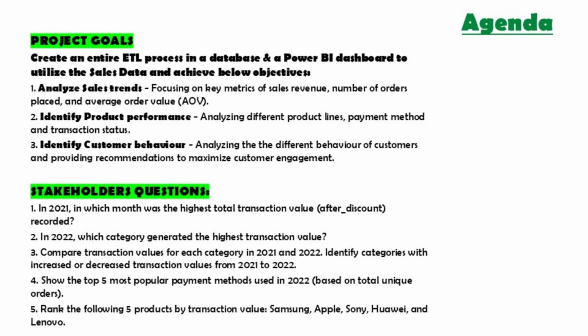Identify categories with increased or decreased transaction values from 2021 to 2022. Then show the top 5 most popular payment methods used in 2022 based on total unique orders. And then finally rank the following 5 products by transaction value: Samsung, Apple, Sony, Huawei, and Lenovo.